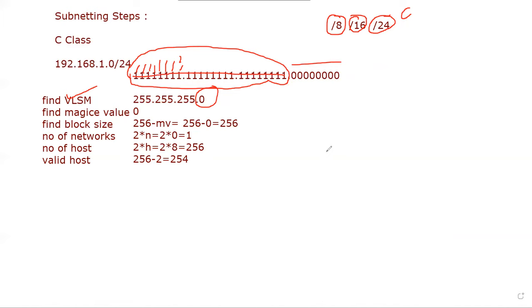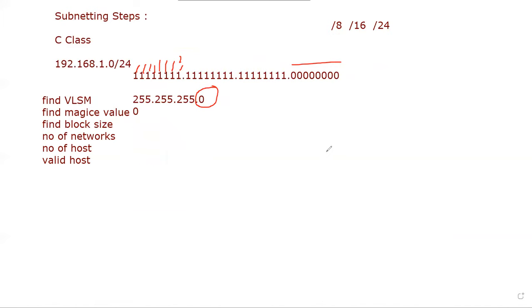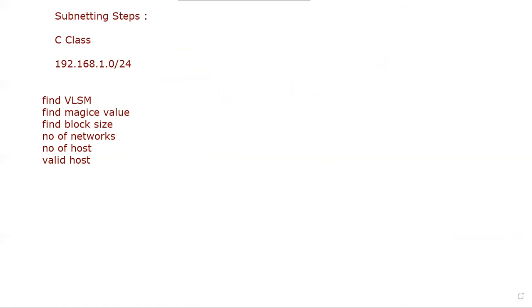So what I'm going to do, I'm going to rephrase this. Okay. Now I'm going to use 25 instead of 24, because we know that /8, /16 and /24 are the fixed bits in FLSM.